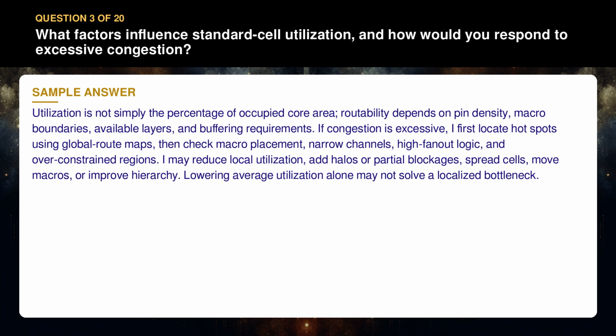If congestion is excessive, I first locate hotspots using global route maps, then check macro placement, narrow channels, high fan-out logic, and over-constrained regions. I may reduce local utilization, add halos or partial blockages, spread cells, move macros, or improve hierarchy. Lowering average utilization alone may not solve a localized bottleneck.